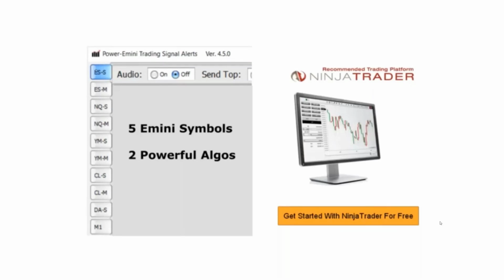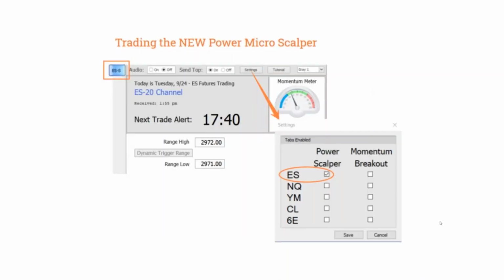I mean, we've really advanced our platform, and we've expanded out to multiple symbols, and we have 2 different types of algos that run. And all this, again, runs off of a backend server, and so it's all constantly up, and the system runs off of that, and then you receive the alerts right on your desktop platform independent.